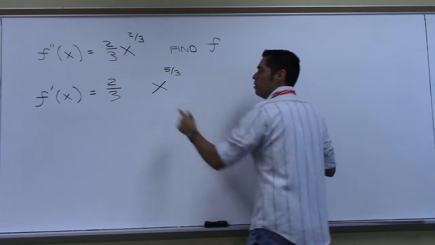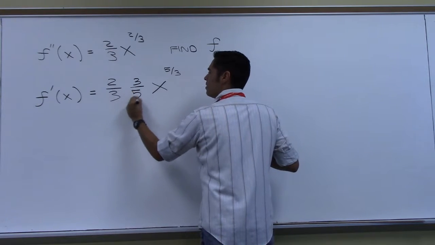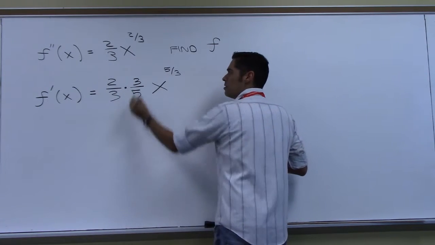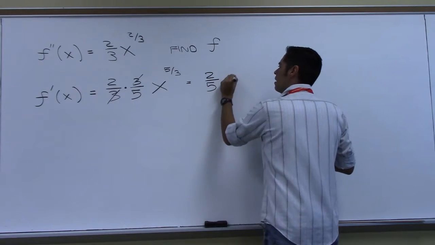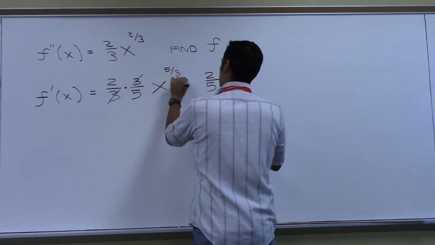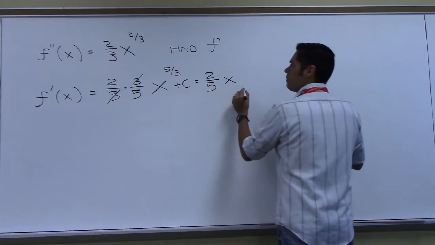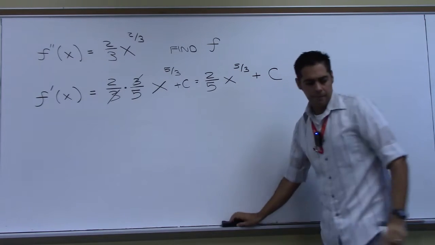And then I put 1 over 5/3 in front, which is the same as 3/5. That's multiplication, so then I cancel the 3's. I have 2/5 x to the 5/3 plus c.